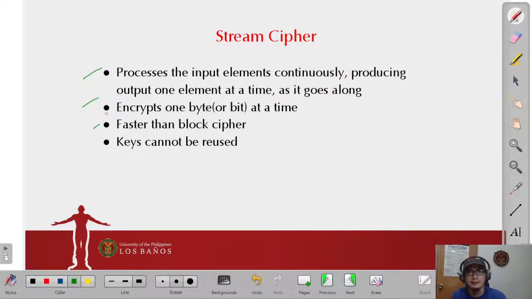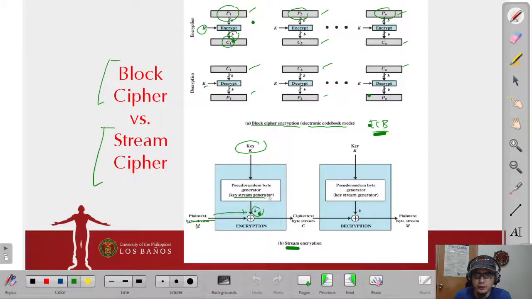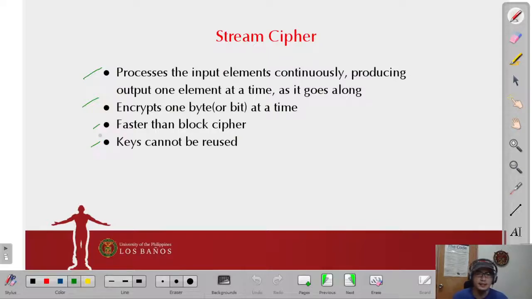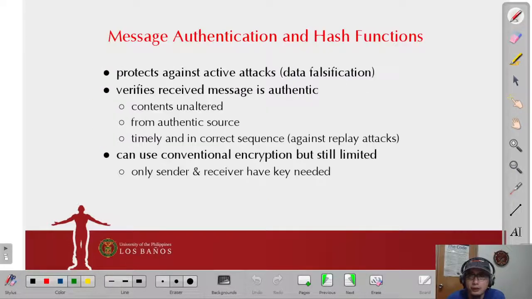It's faster than block cipher, and keys cannot be reused because of this generator. It may be the case that the same key can be generated, so reuse of the key is not allowed. Okay, so those are the two symmetric encryption types.